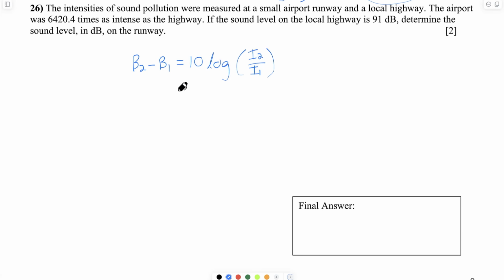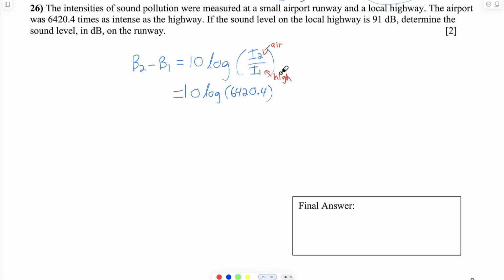So the question gave us the ratio of intensities. It says the ratio of airport to highway is 6,420.4, so I can replace that whole ratio with 6,420.4. It says the sound level of the local highway is 91 decibels.